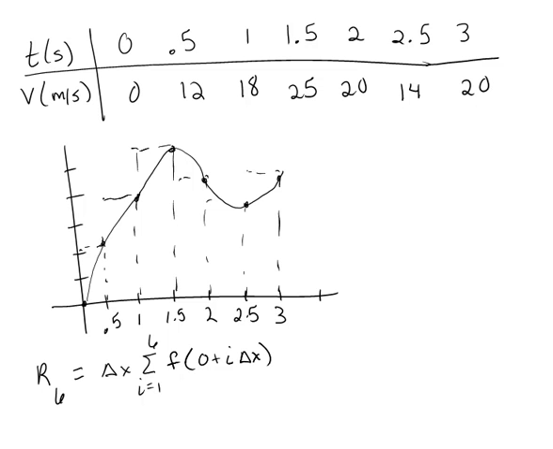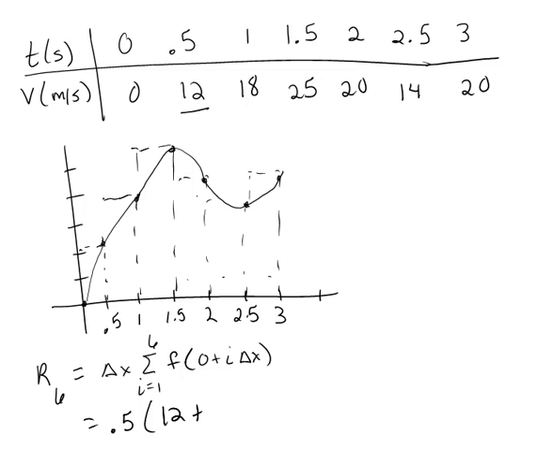And see how you have 6 rectangles? 1, 2, 3, 4, 5, 6. The height that you'll get for your rectangles is the right-hand endpoint. So your delta x here is the length of the subinterval, which is 0.5, times the right-hand endpoint for each subinterval. For the first one, what's the value at 0.5? It's 12.